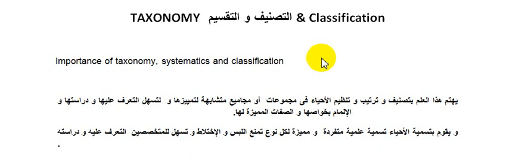Bismillahirrahmanirrahim. Taxonomy and classification of living organisms. As I talked before, the taxonomy of all living organisms is based on the presence or absence of the nuclear envelope, and accordingly the living organisms have been divided into three major groups.